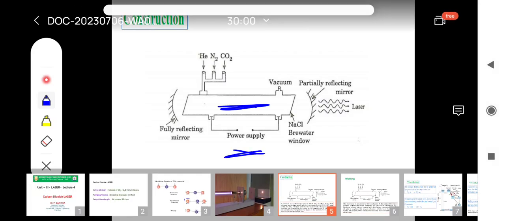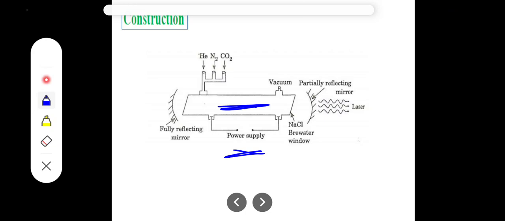At both ends of the tube, sodium chloride Brewster windows are attached, through which polarized light is emitted. At the top, an exhaust creates a vacuum and sets the pressure. On both sides is an optical resonator, with one fully reflecting mirror and one partially reflecting mirror. The laser beam is produced only through the partially reflecting mirror.